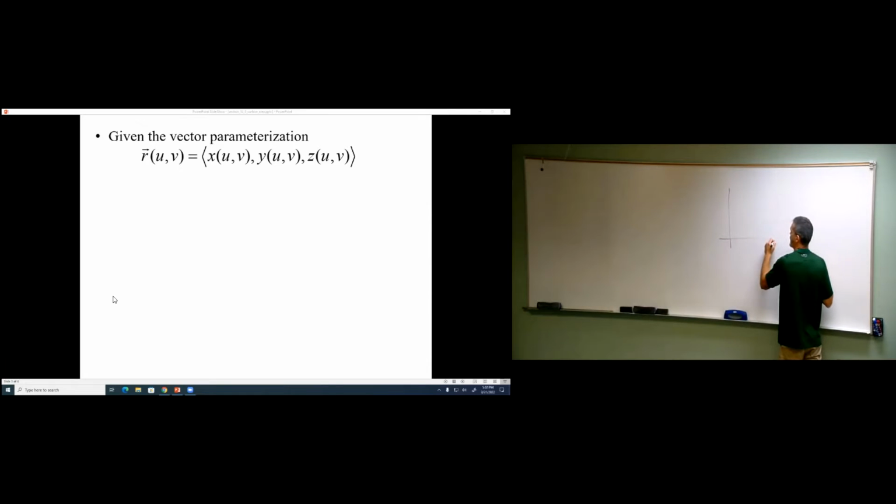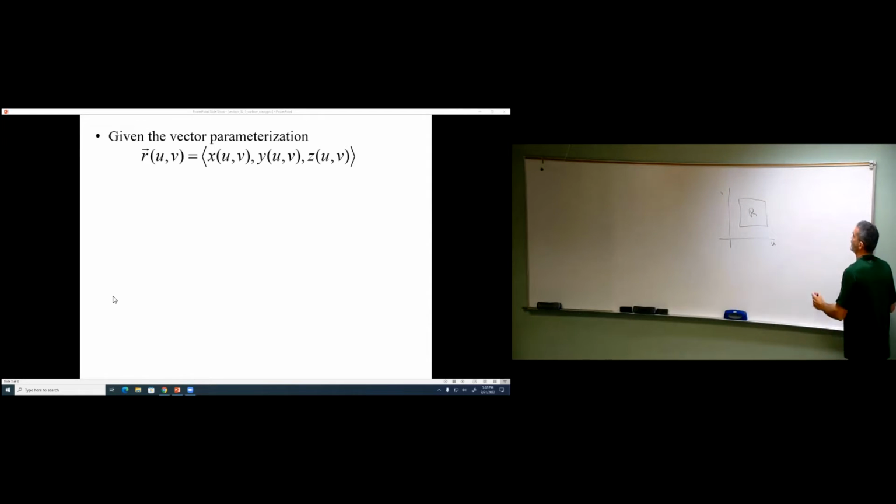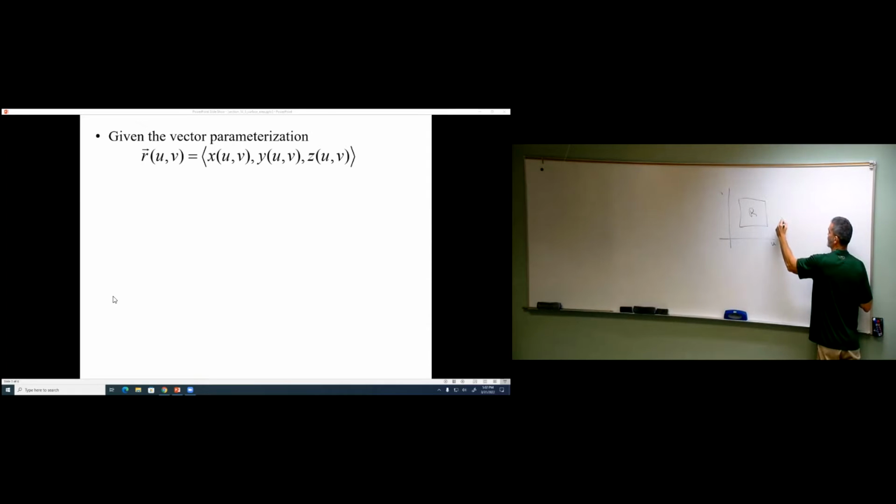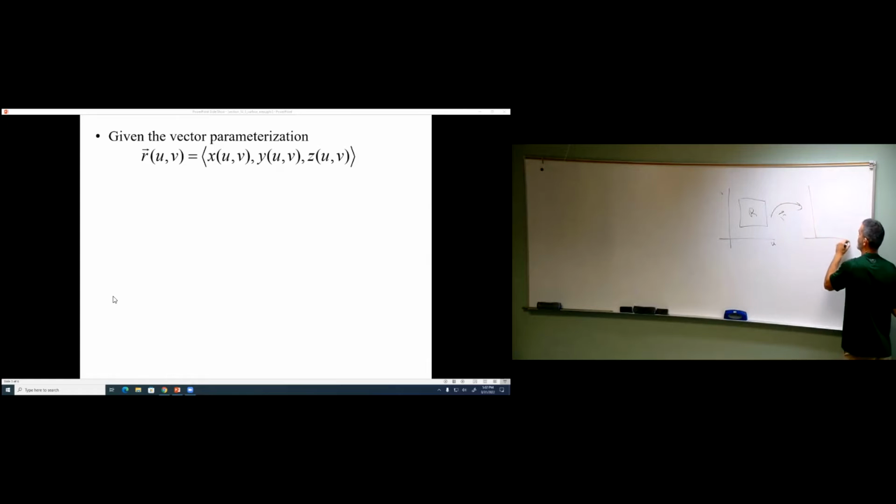So let's say here we've got our region R. Let's call this U, this V. Well, then what that vector valued function does is it takes R and it maps it onto some surface in 3 space.